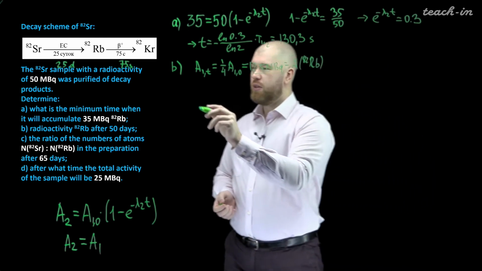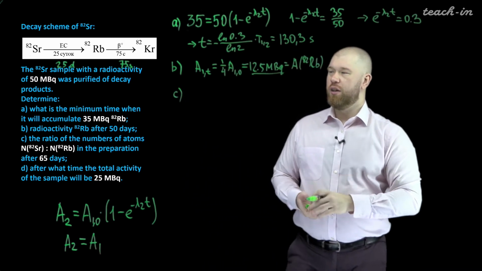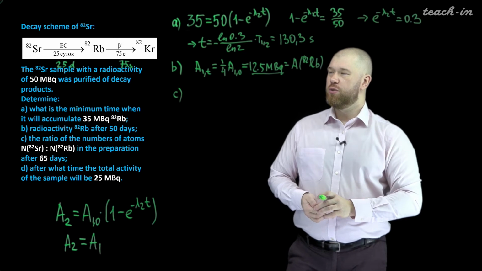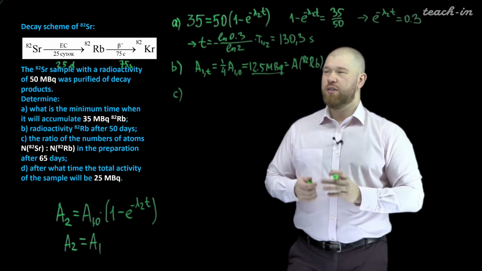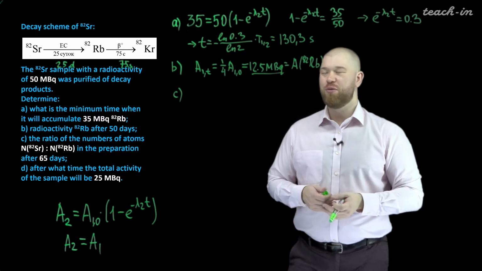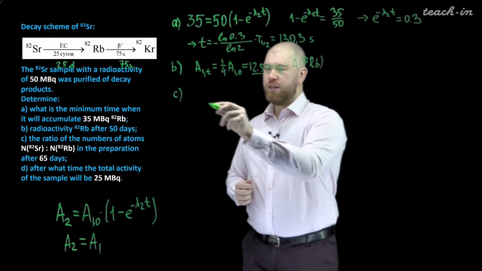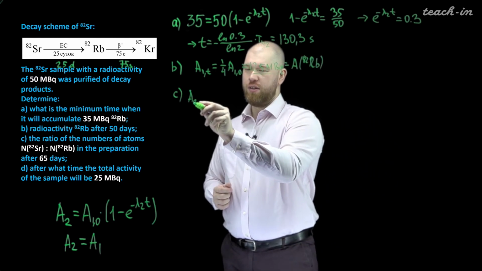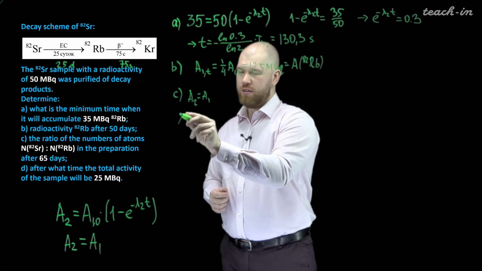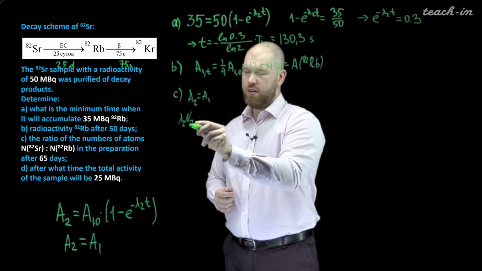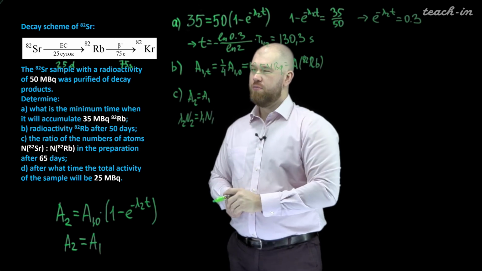What is the relationship between the number of atoms of strontium and rubidium? Again, after 85 days, there will still be equilibrium between these two elements. That means that we can write it again. The activity is lambda N, so it is the same.